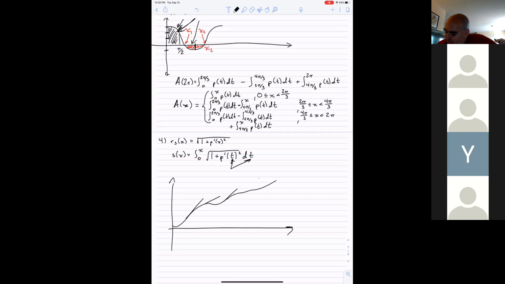What you're doing with that is breaking up your function into a bunch of little tiny straight lines. And then you take the slopes of those tangent lines and use the Pythagorean theorem to add up all those little tiny lengths together.